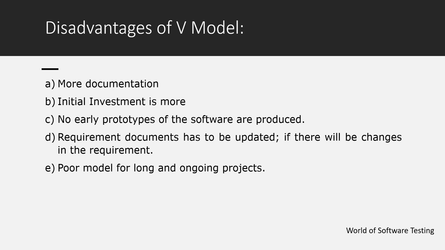Then the software is developed during the implementation phase, so no prototype of the software is produced. The requirement documents have to be updated if there are changes in the requirement. So if any changes happen midway, then the test documents along with the requirement document have to be updated. So this is a little bit time consuming. Then it is a poor model for long and ongoing projects. So these are some of the disadvantages of the V model.